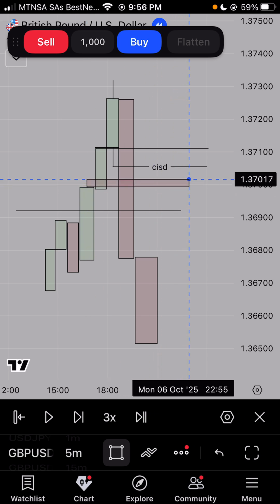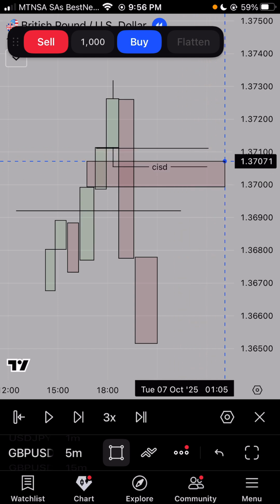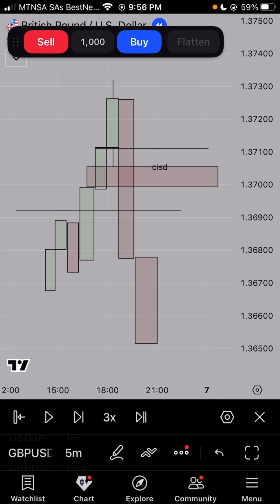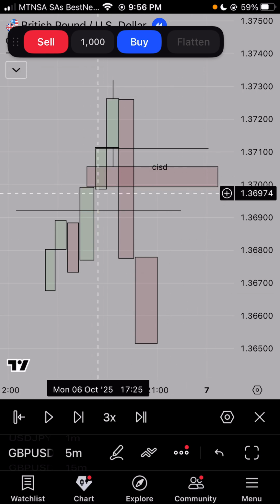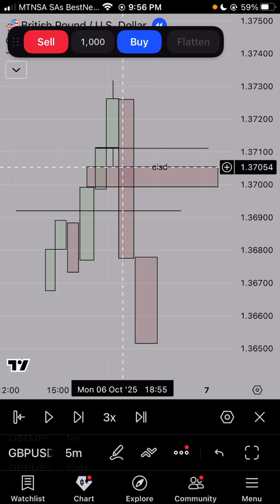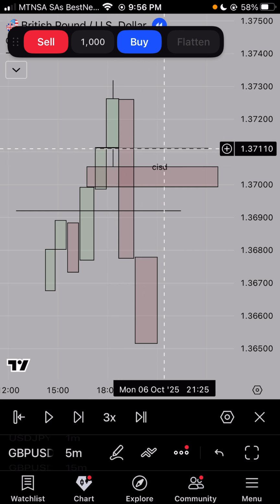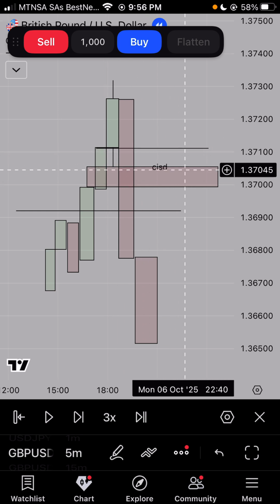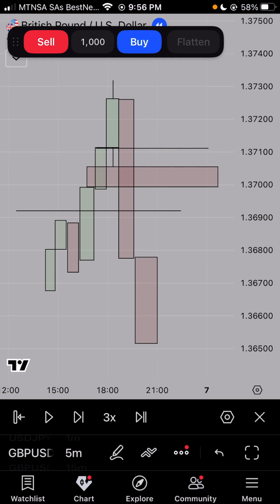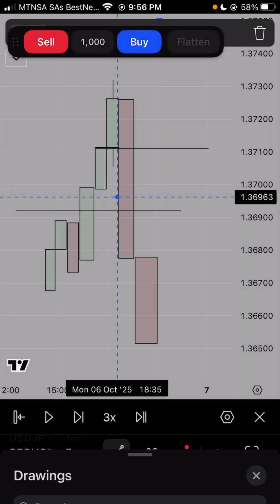This is your confirmations, right? This is the low of your confirmation, being the inversion fair value gap right here, starting right here and there, and then this is the high of your confirmation. You need the high and low of all of your confirmations. So it's gonna look like this.